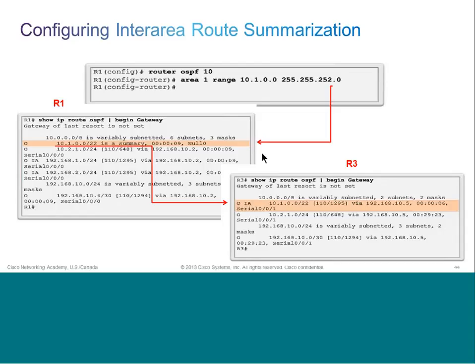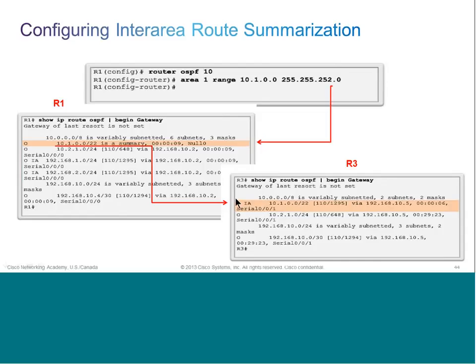Now don't forget, this will be advertised to the other routers. So let's take a look at the updated router 3 routing table. Notice how there is now only one inter-area entry going into the summary route 10.1.0.0/22.